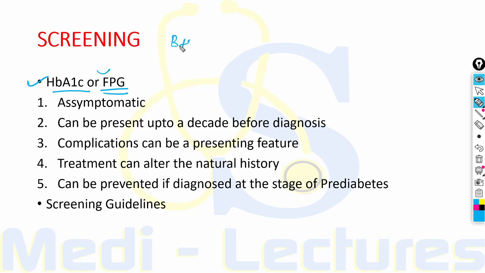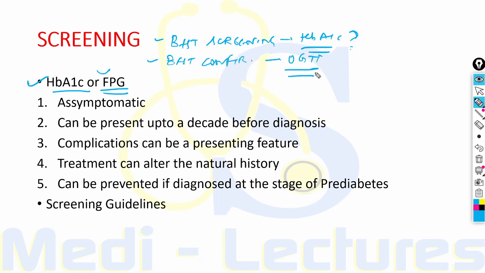When we ask what is the best screening test, it is HbA1c, since it is telling the long term blood sugar levels, and the best confirmatory test is OGTT, oral glucose tolerance test, after 2 hours of anhydrous glucose intake. OGTT is still used for gestational diabetes and clinical care in pregnancy.